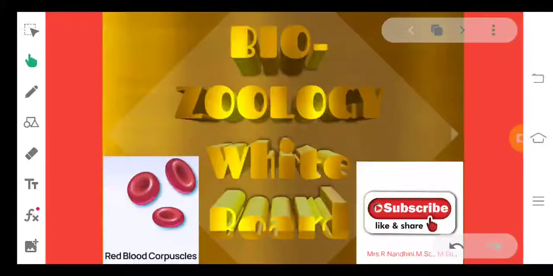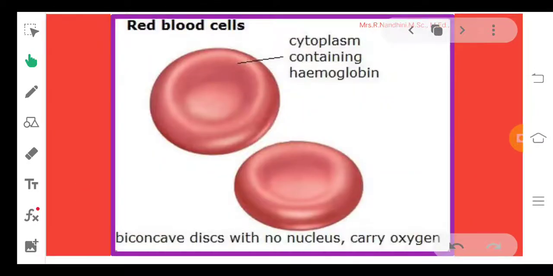Let's discuss red blood corpuscles or RBCs. This is the structure of red blood corpuscles. It is a biconcave disc with no nucleus.